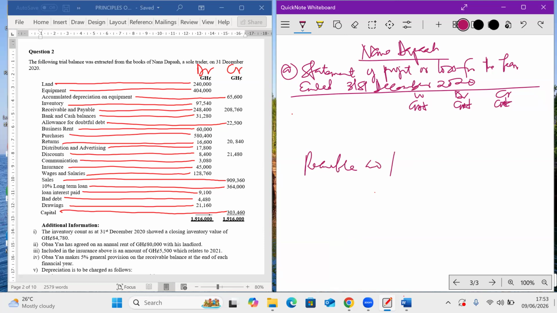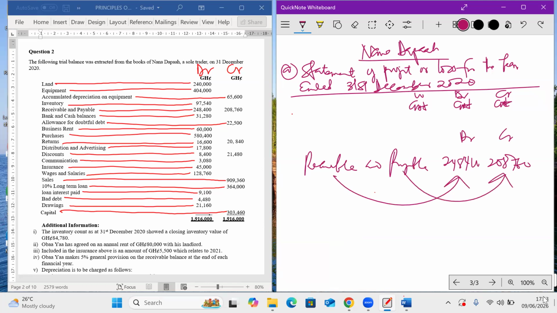And what? Payables. And we have the debit side here, the credit side here. We have 248,400 and 208,760. So the receivable go for the debit side. The payable goes to the credit side. Do you get it? Do we get it? Yes, sir.